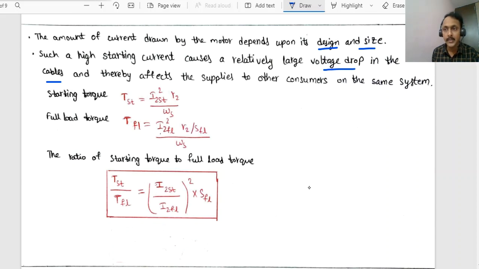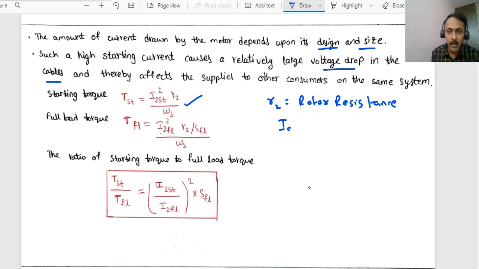Now, from our previous discussions where we derived the torque equations, the starting torque is given by T_st equals I_st squared into R2 by omega S. R2 is the rotor resistance, and omega S is the synchronous speed. Now the full load torque is given by I_FL squared.